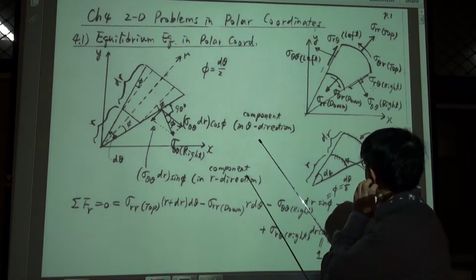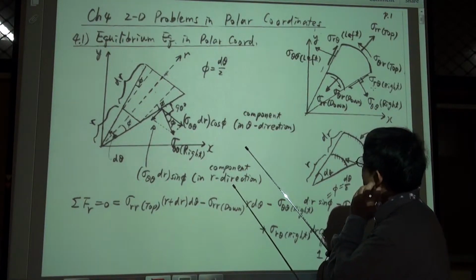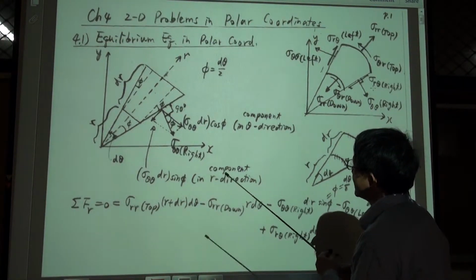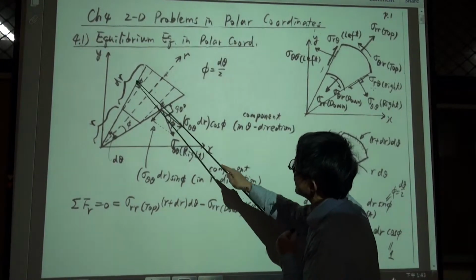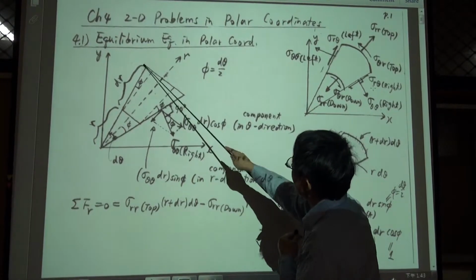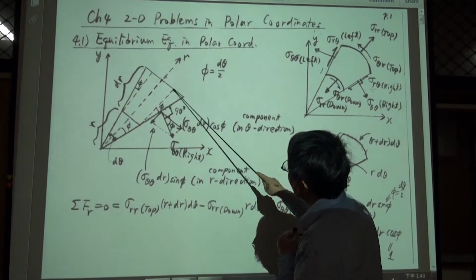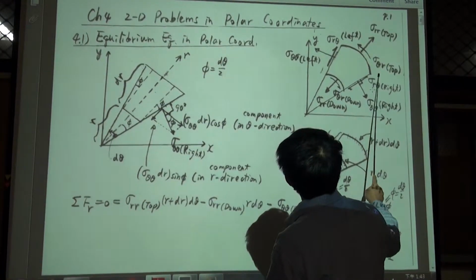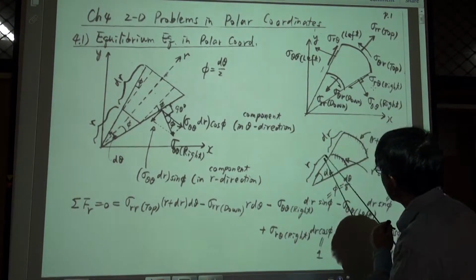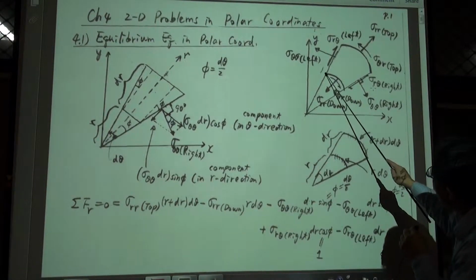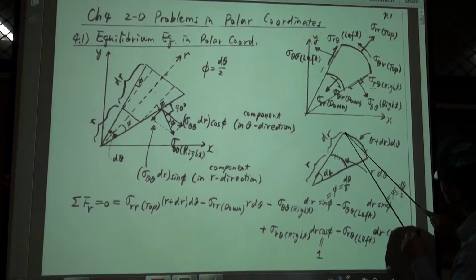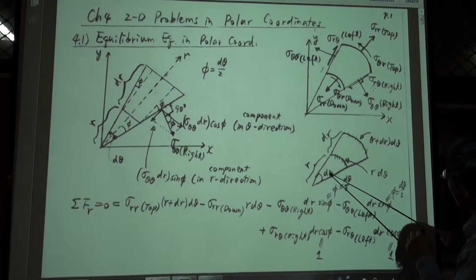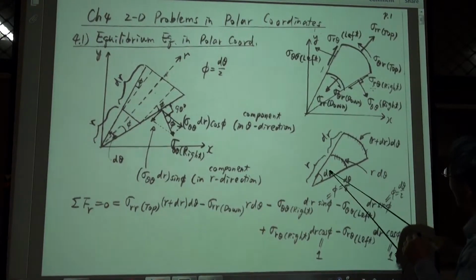Okay, but before we do this, we also emphasize that the line here is dr. Okay, and the arc length here for this one, what will be the length? This is r, and this is dr. So this is dr, and this is d theta.